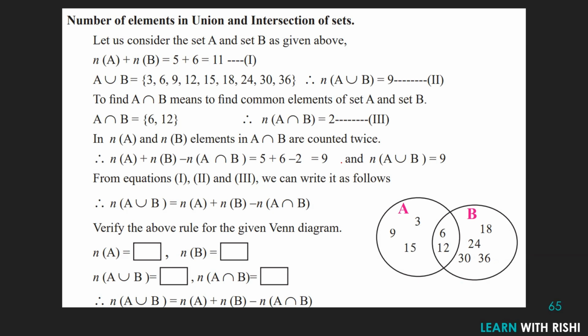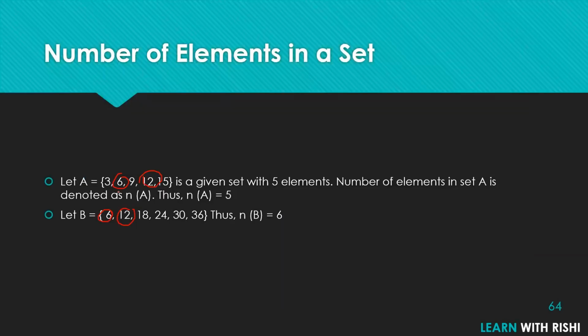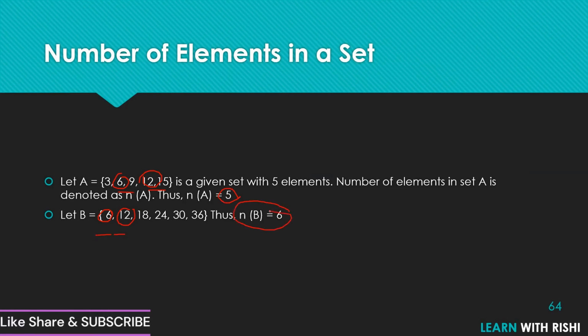In n of A plus n of B, elements in A intersection B are counted twice. Why twice? In n of A, we have counted 6 and 12, and we have written 5. In n of B also, we have counted these same elements, 6 and 12, and there are a total of 6 elements.